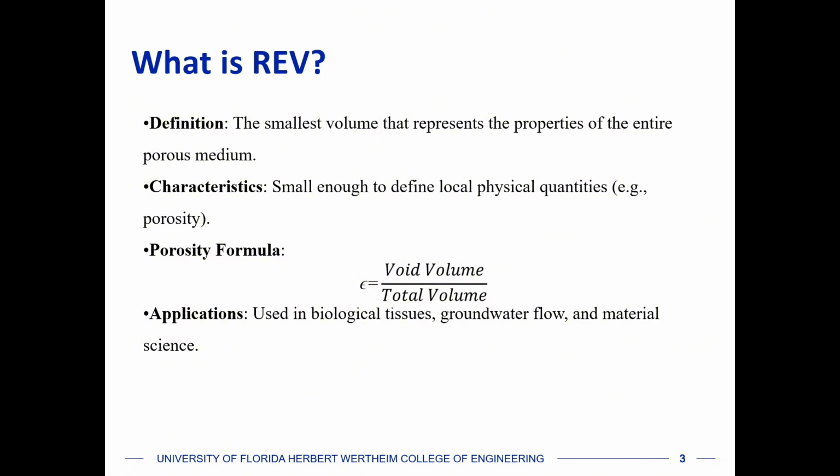It must be large enough to average out variation in pore size, but small enough to define local physical quantities like porosity. For example, in biological tissue, pores can vary significantly in size, but an RUV allows us to simplify and analyze the medium uniformly.